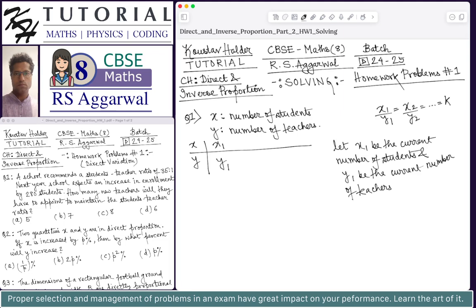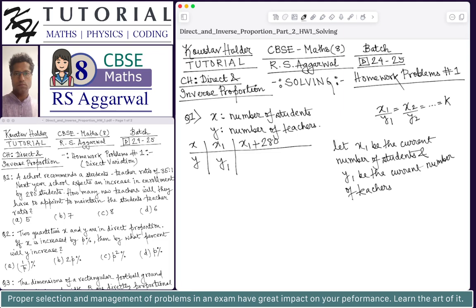I do not know the values of x1 and y1, but please be confident that these values will not be required. Now in the next year, obviously the number of students will be more by 280. So I can say it will be x1 plus 280.